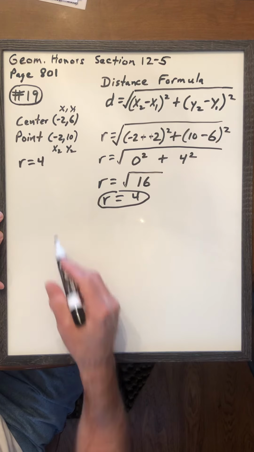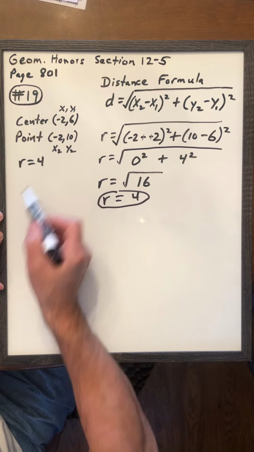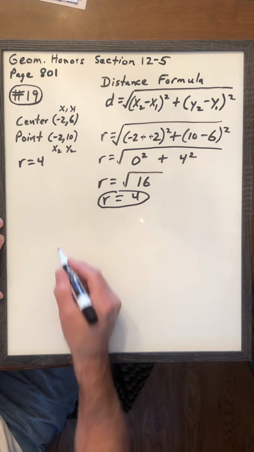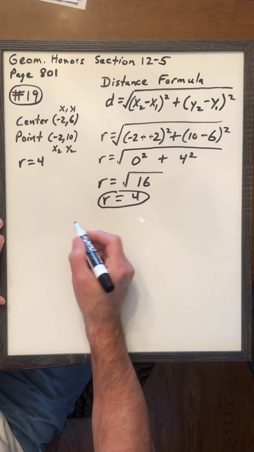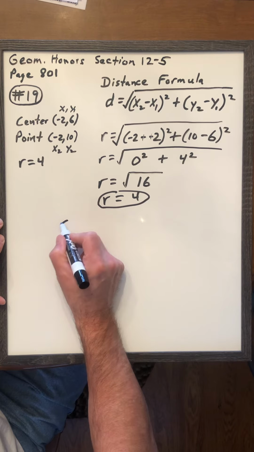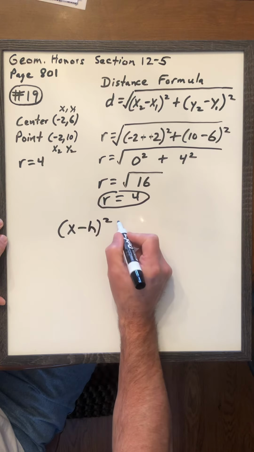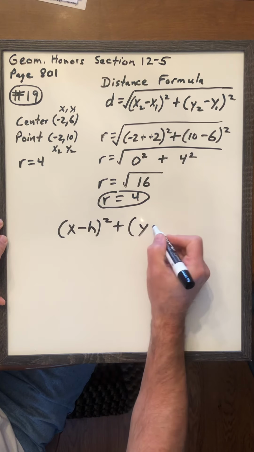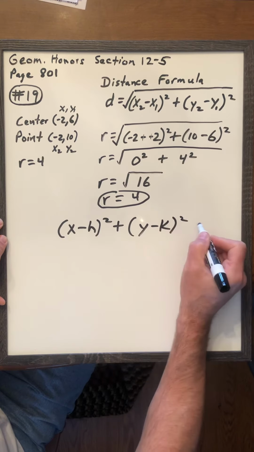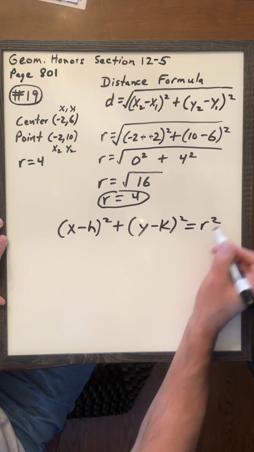Now, since I've got the center of the circle and the radius, I can write my equation. The standard form for the equation of a circle, remember, is (x minus h) quantity squared, plus (y minus k) quantity squared, equals r squared.